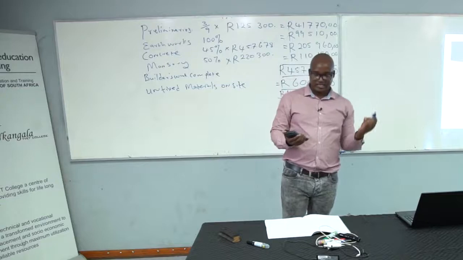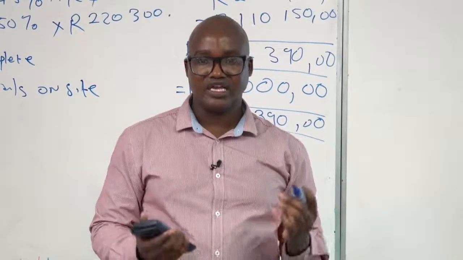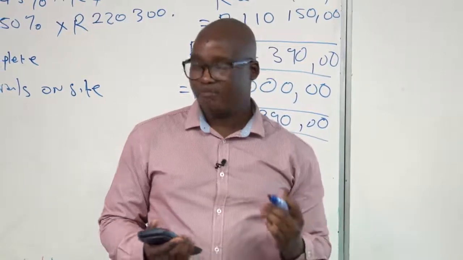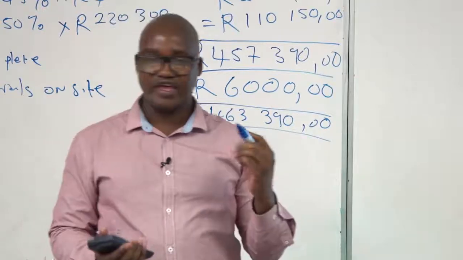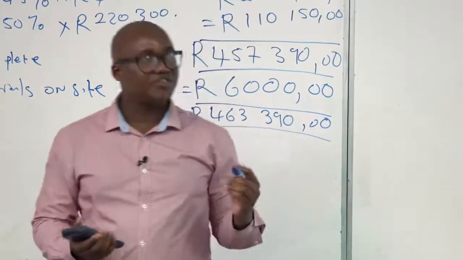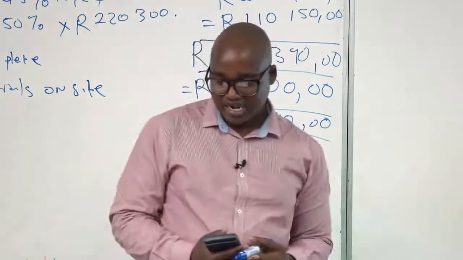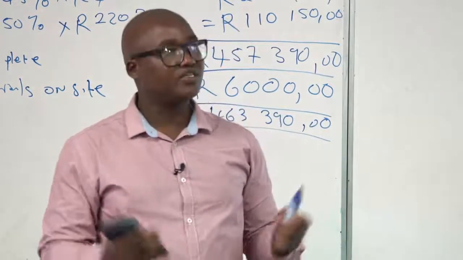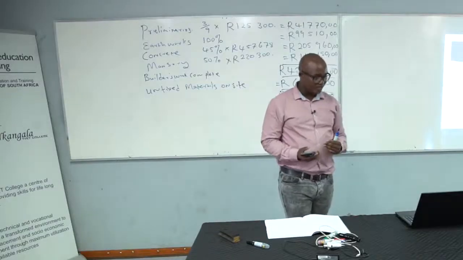Then we now have to deduct the less retention fee, which is normally 10%. The retention fee is the money that the client should withhold in case there are some jobs that are not well fixed, and the contractor should come back and fix those.